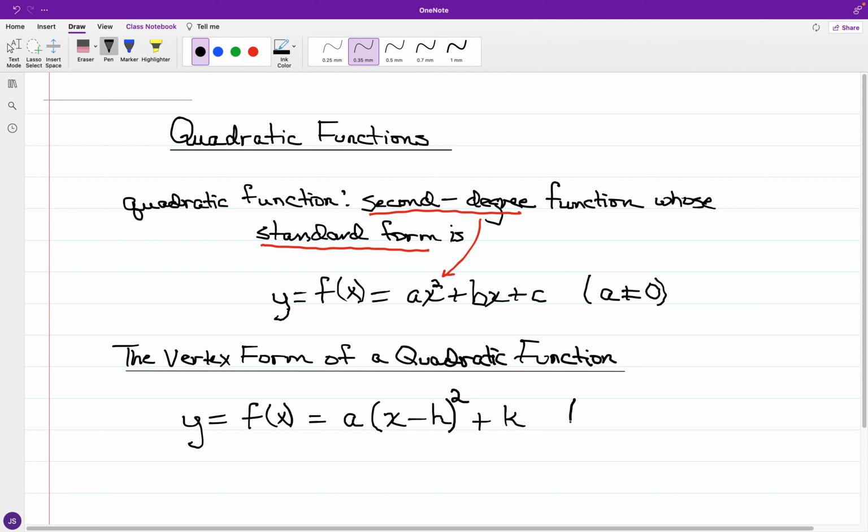And just like in the standard form, the coefficient a is non-zero.